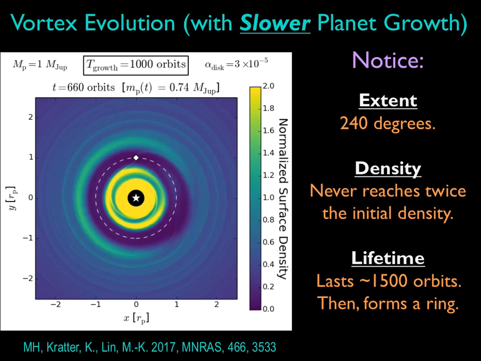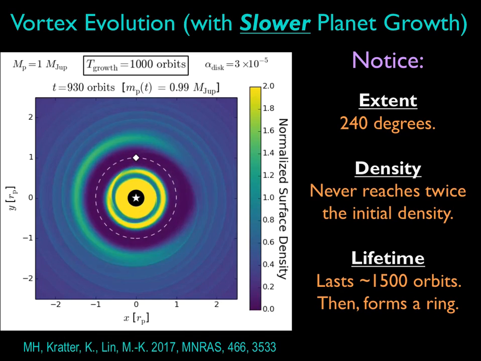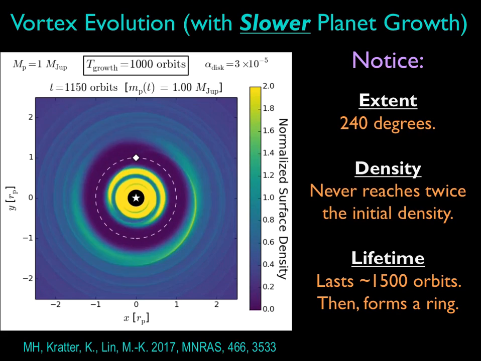Though, this time the vortex is a lot weaker than before. It never reached as high of a density, and its width is about 240 degrees, which is twice as large as in the other case. And even worse, the vortex only lasts about 1,500 orbits, which is 5 times less than when the planet was placed almost instantly in the disk.